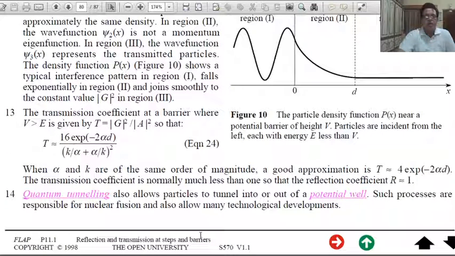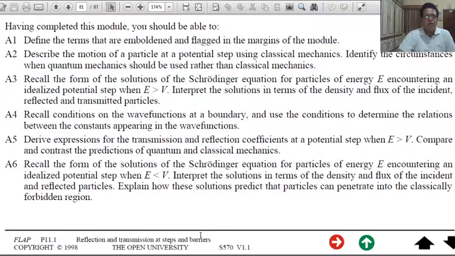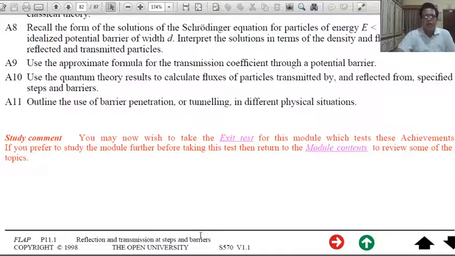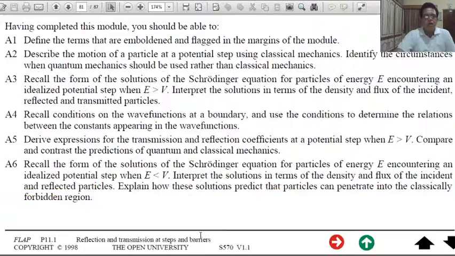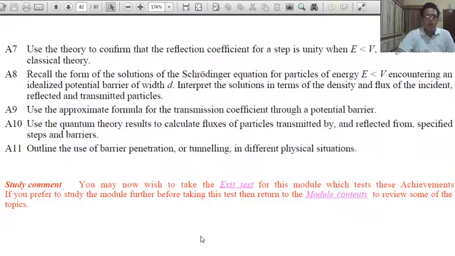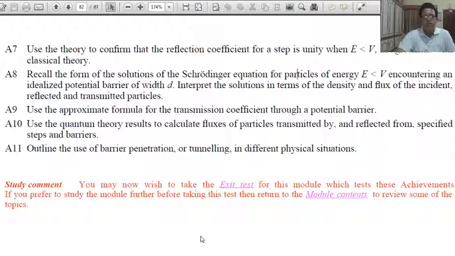And at last, point 14, quantum tunneling is explained. At the end are the achievements, that means what you read in the article and how you can understand these questions. So you read the questions and try to answer them. These are for your assignments.